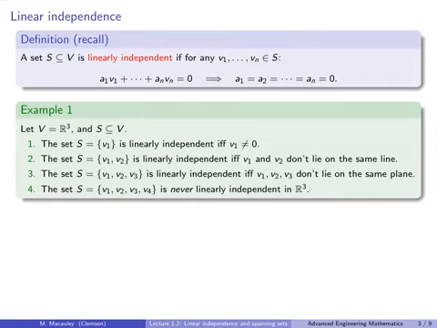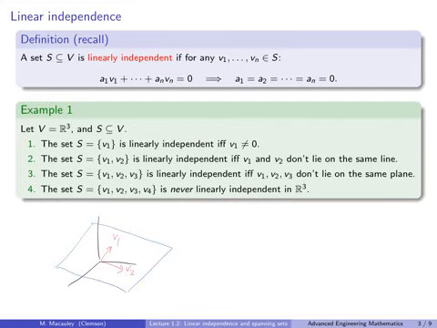Finally, a set S of 4 vectors is never linearly independent in 3-dimensional space. And one way to see that intuitively, I'm not going to prove it, but let's draw a picture to convince ourselves why this is true. If you take V1 and then V2, and these are not on the same line, then that determines a plane.